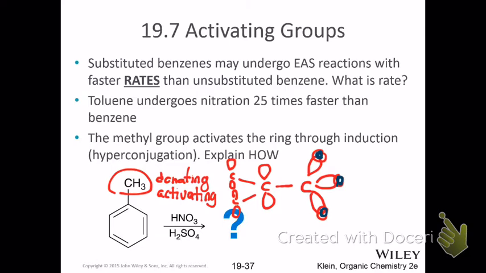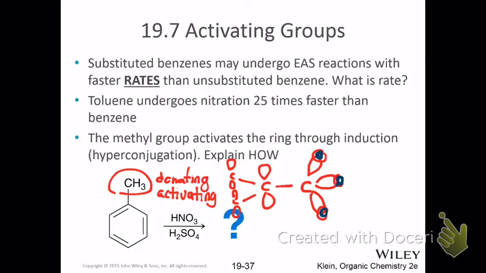If the balloon has static electricity on it, and I start bringing it close to you, at some point it would get close enough that you could feel the static. You could feel the electrons either pushing or pulling on the hairs on your body, because that's the furthest thing out from your body. That's what hyperconjugation is like. It's an electric field effect. It's pushing electron density into the ring.